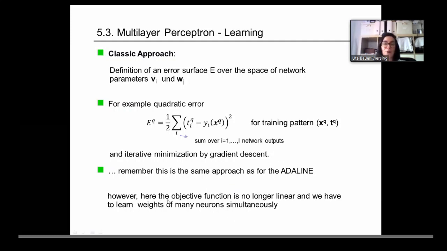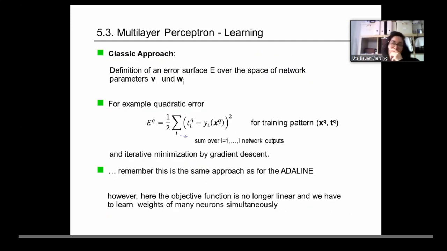However, if we apply this to the multi-layer perceptron, the objective function, this error function, is no longer linear. And we also have to learn many weights of many neurons simultaneously. That's the difference. First, we cannot get rid of the nonlinearity because it's built into the hidden layer. And we have lots of weights: weights in the output layer and weights in the hidden layer.